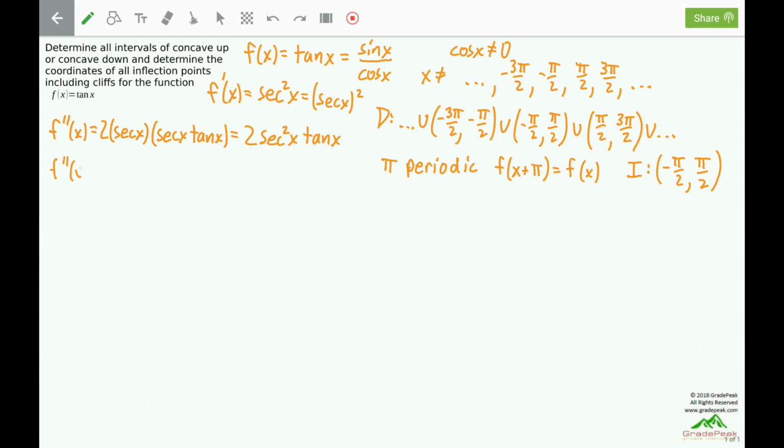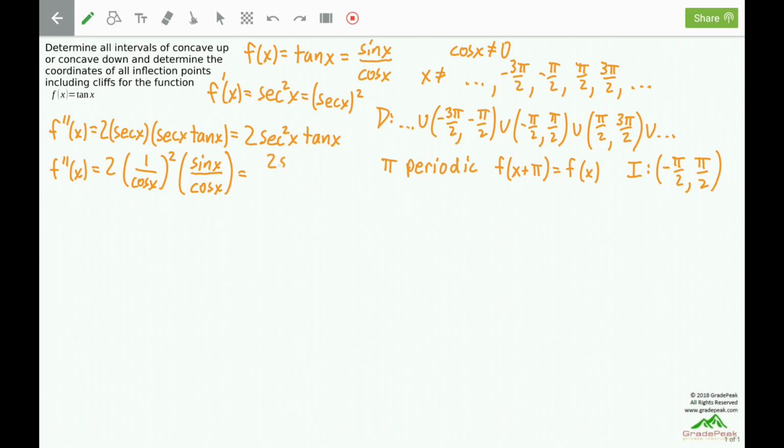So the second derivative equals 2 times secant, which is 1 over cosine, and then it's squared. Tangent is sine over cosine. We can multiply all the numerators, 2 times 1 squared, which is a 1, and sine x.